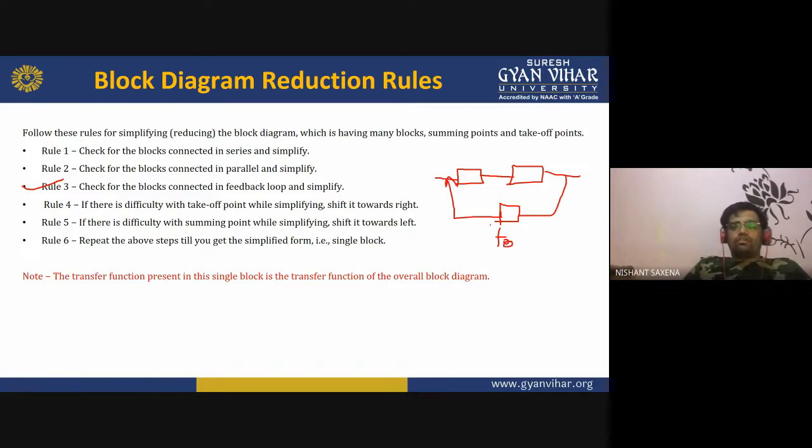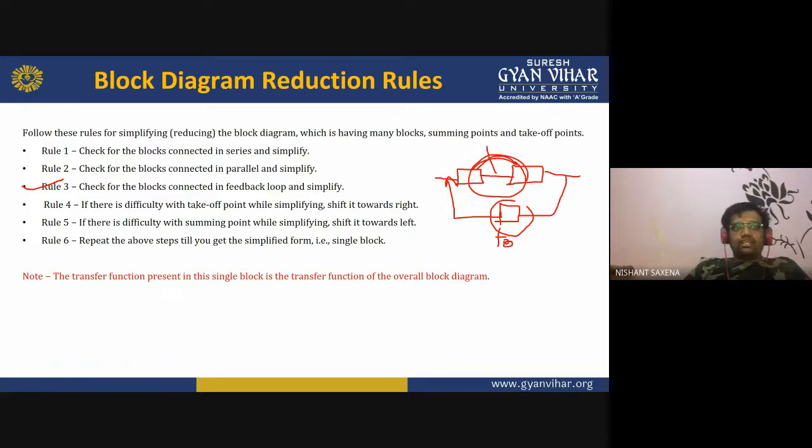First of all, what do we have to do? Think about it. We have to apply rule number 1. There are two series connected blocks, and we first simplify these two, and then we apply the feedback loop and simplify it. Is this clear? So, rule by rule, you have to follow rule number 1, then rule number 2, then rule number 3, and so on. Okay. Now, rule number 4.